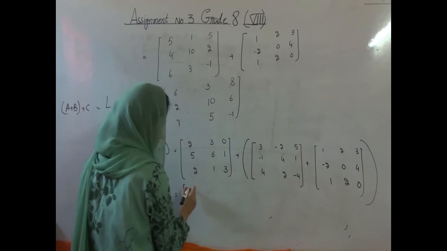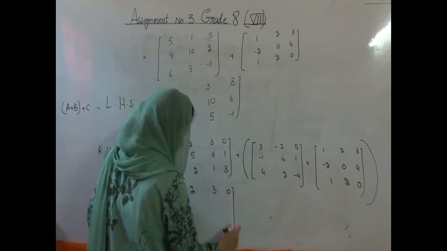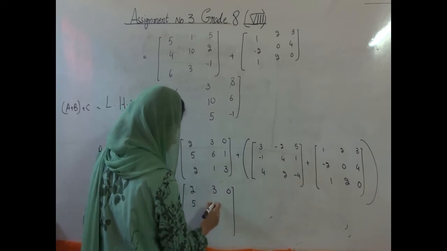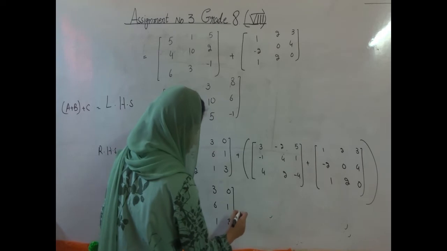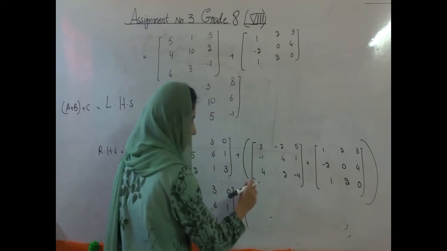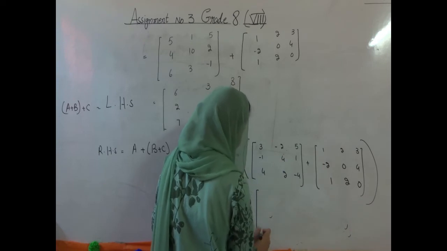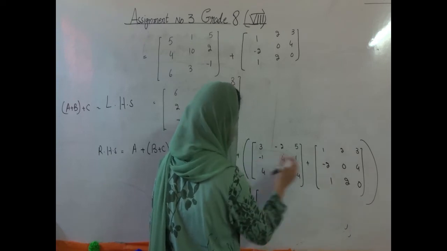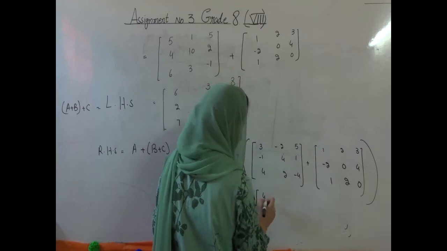So the matrix of A we will write the same: 5, 6, 1, 2, 1, 3. And then first we will solve the brackets, meaning we will add these two matrices. As we already know how we can add two different matrices, 3 plus 1, 4.